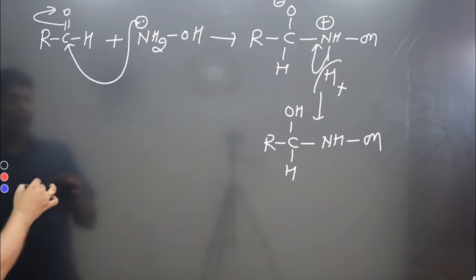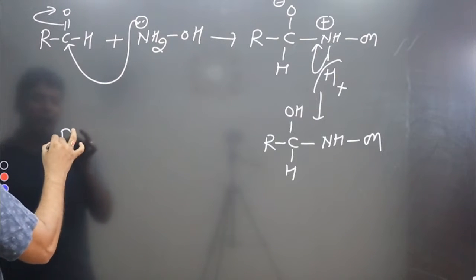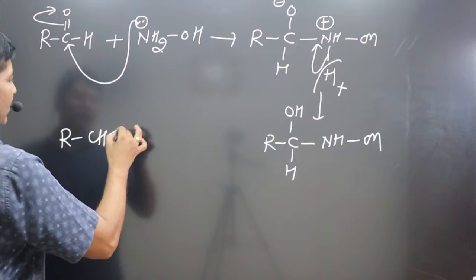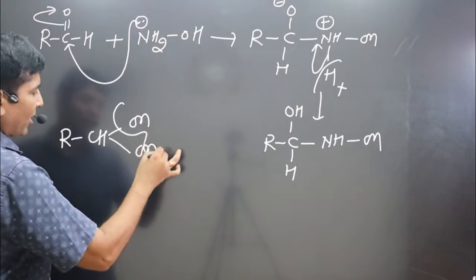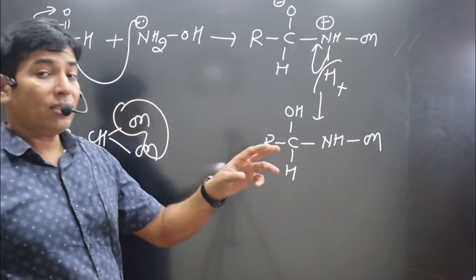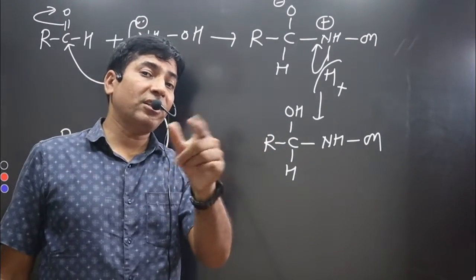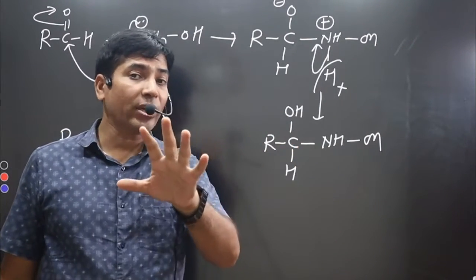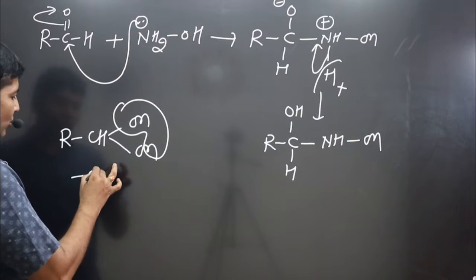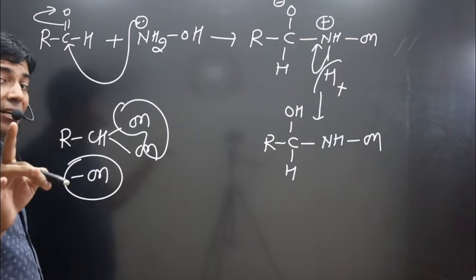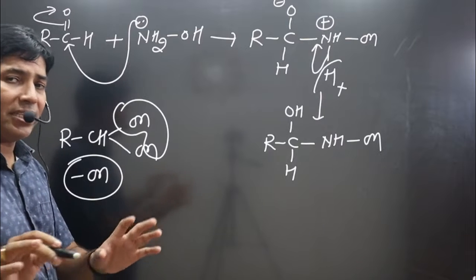If we have a compound in which two hydroxyl groups are attached to the same element, in this case we can remove a water molecule, but here two hydroxyl groups are attached to different elements. That's why water molecule cannot be removed. Another point we have also learned, OH group is a poor leaving group, it is not a better leaving group, it cannot be easily removed.